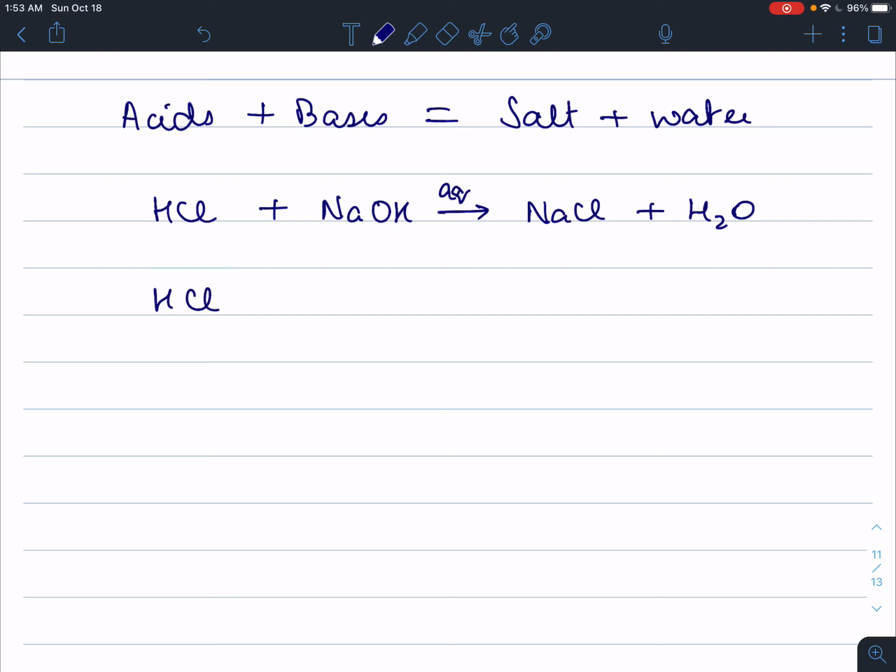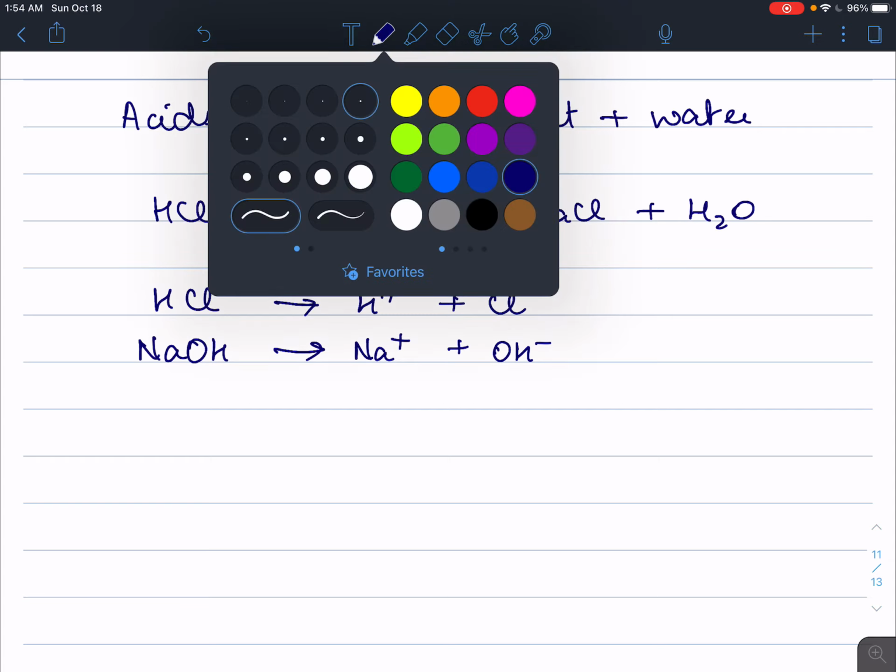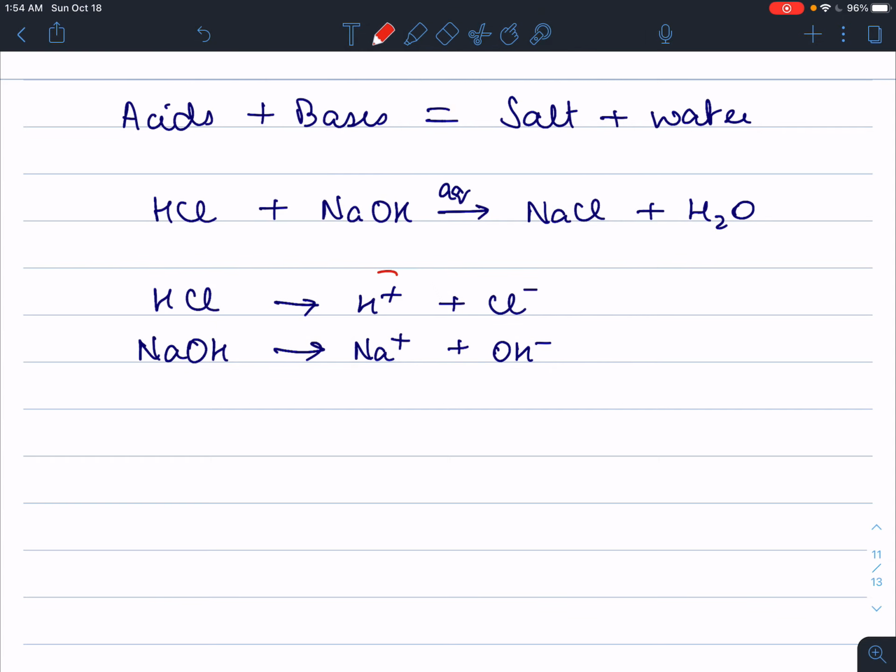So in a solvent, HCl is H plus Cl minus. The same way, NaOH is Na plus OH minus. Now what you need to understand is the H plus and the OH minus react with each other to give you water, and the other two ions, that is the ones that are not the H plus or the OH minus, react to give you a salt.